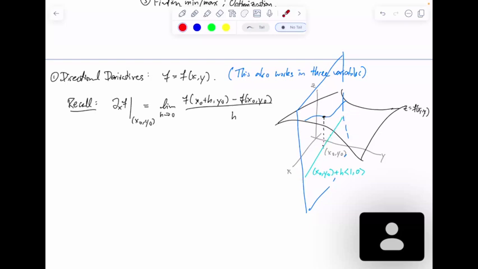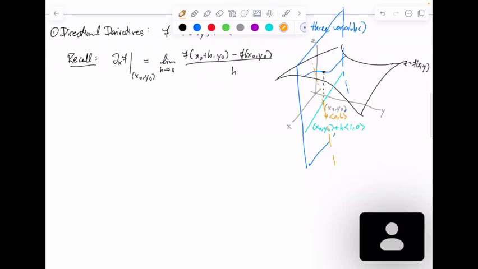I might be curious and say, okay, what if instead of the direction 1, 0, I choose a direction vector AB. I could also draw another line lying on the xy plane going through the point x naught, y naught. And so this line here would be x naught, y naught plus, let's say, h AB.